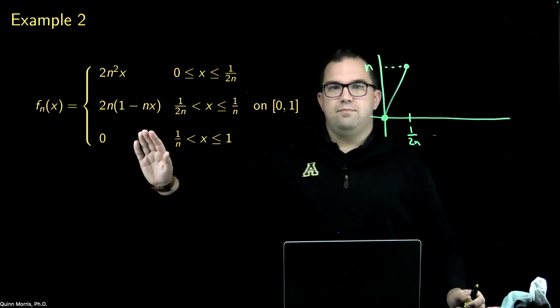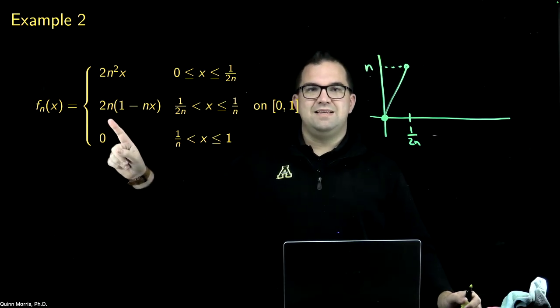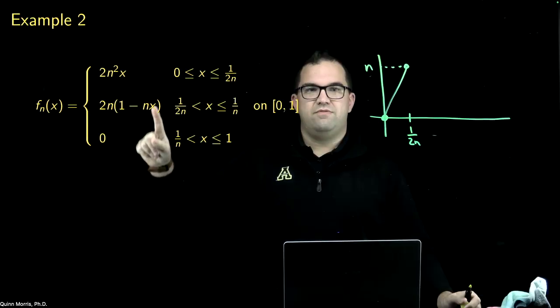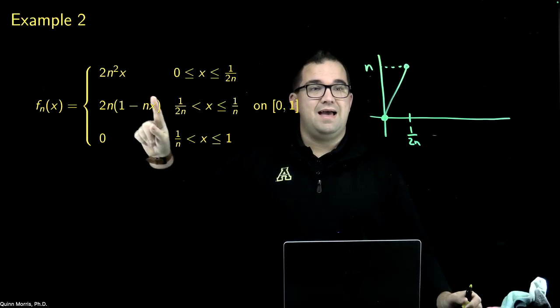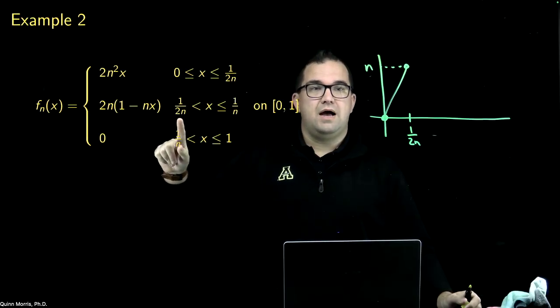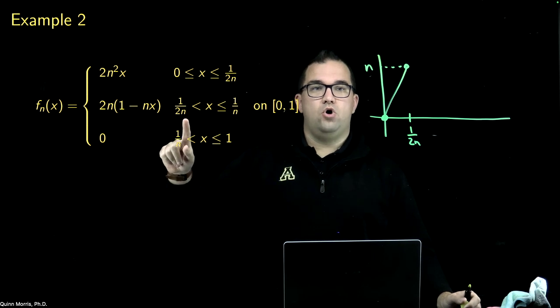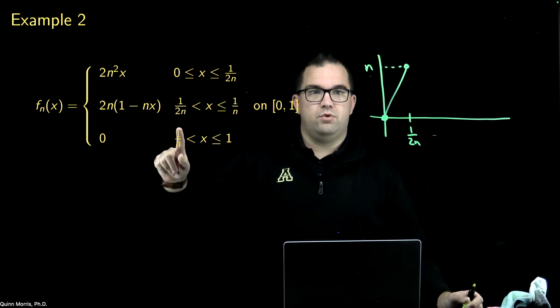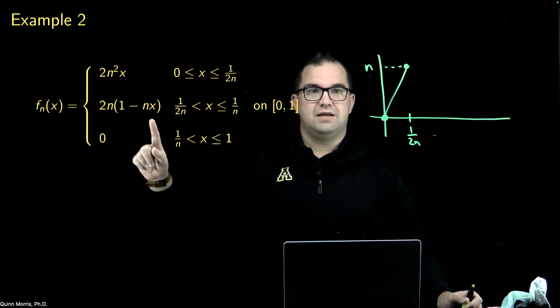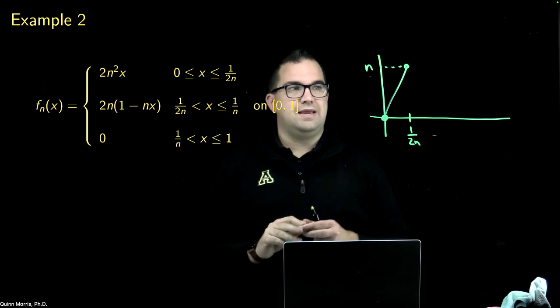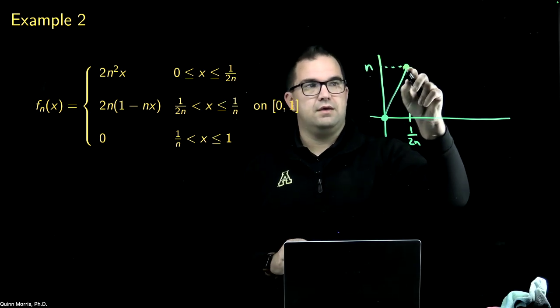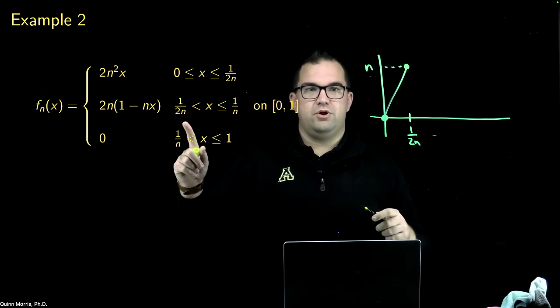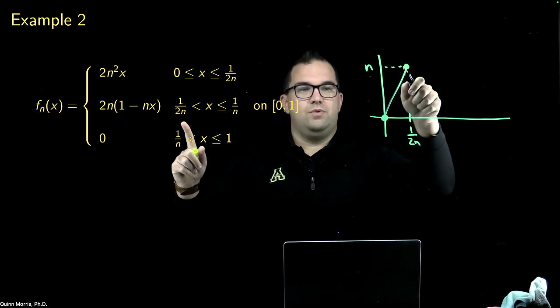Now, looking at the second part, for a fixed value of n, this is again linear in x. If I plug in 1 over 2n for x, it might take a little bit of algebra, but what I actually get is n. So this is again a function which at 1 over 2n has the value n.